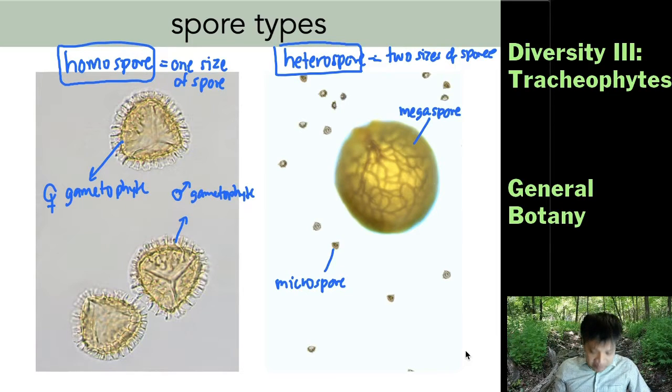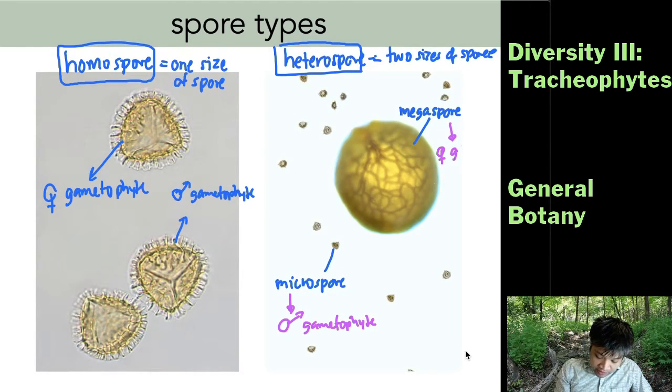Mega means big. So if you produce heterospore, the microspore will germinate into the male gametophyte, whereas the megaspore will germinate into the female gametophyte. In this case, you can figure out right away which one is going to be what in the next generation based on the size of the spore.